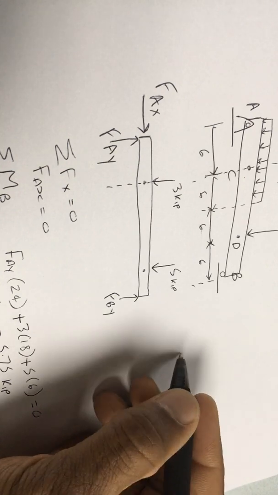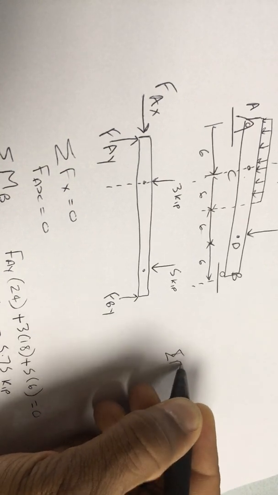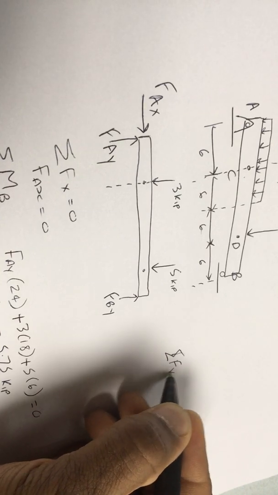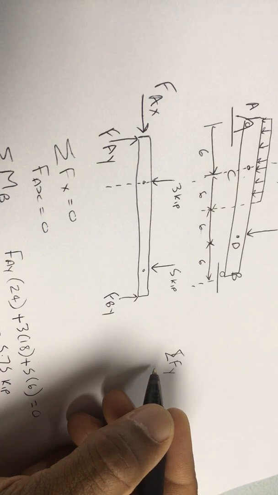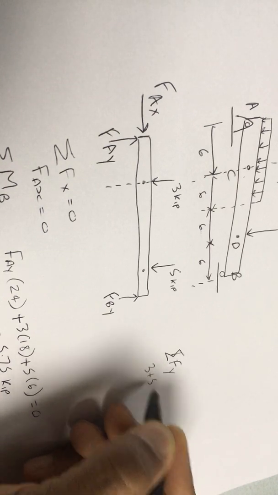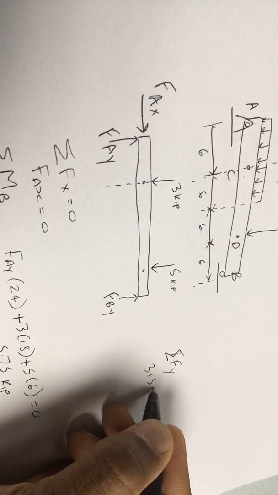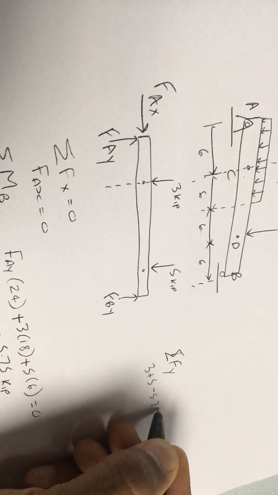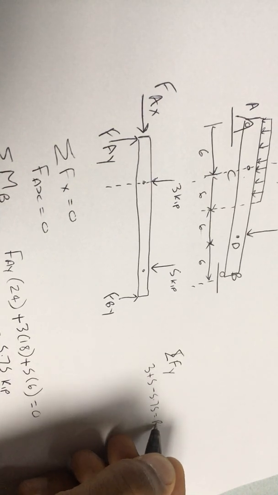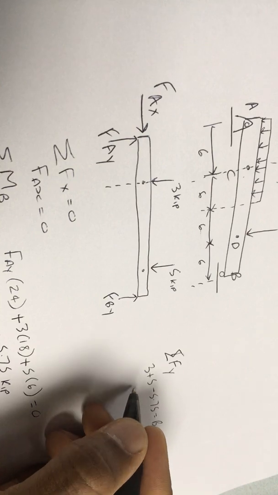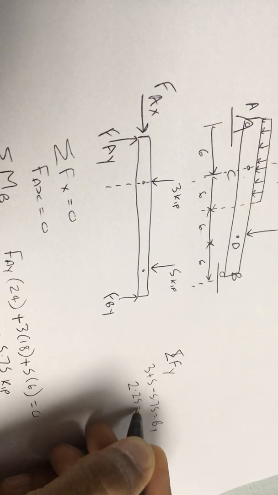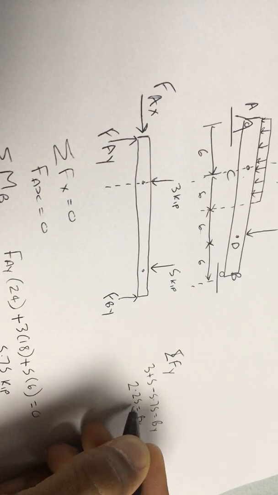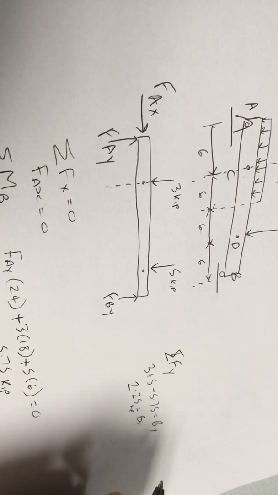So if you have for the whole body, sum of the forces in the Y direction, you would have 3 plus 5 minus 5.75 should be equal to BY, and that would give us what? 2.25 BY, and this is in kip, right?